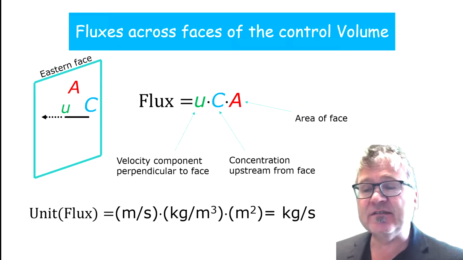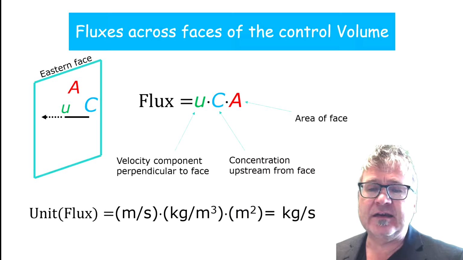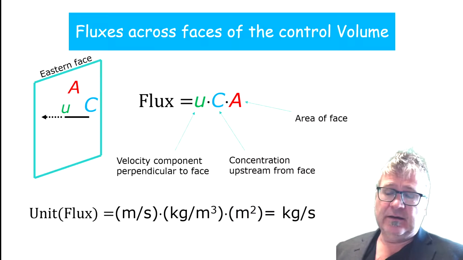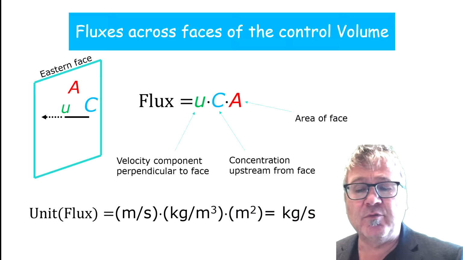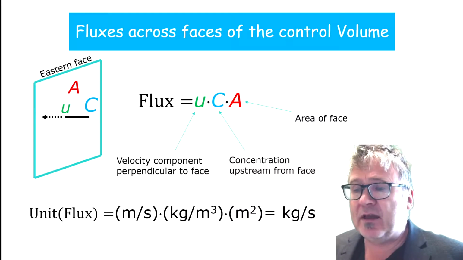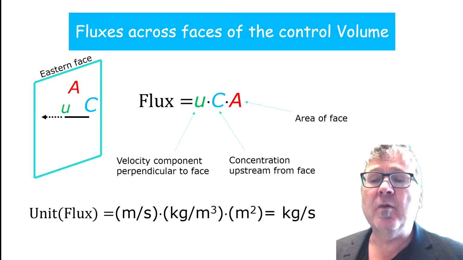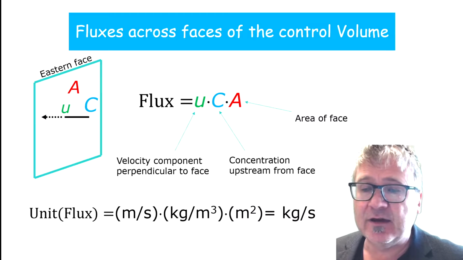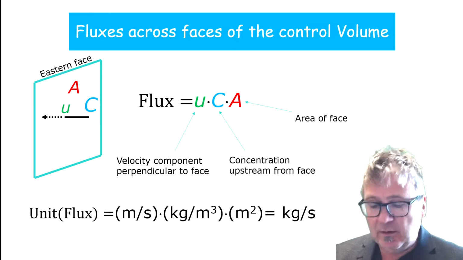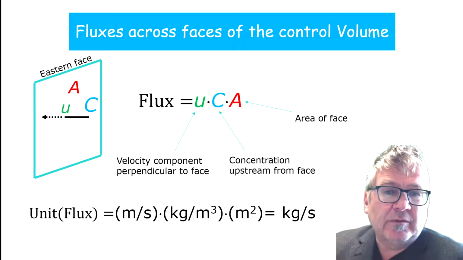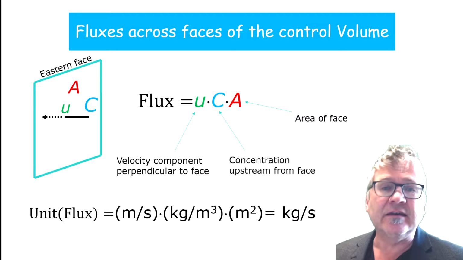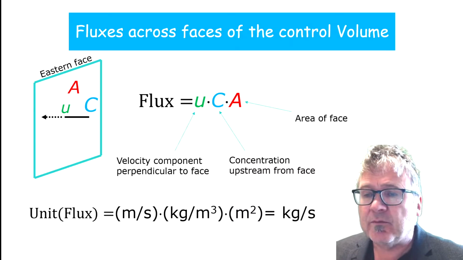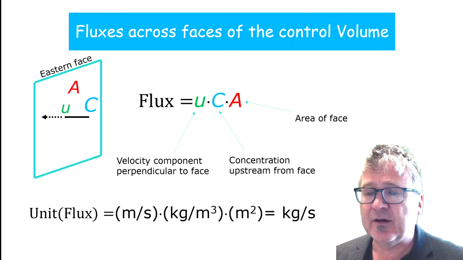You have 6 faces, and you could have fluxes that add concentration and some that remove concentration, and all that matters in the end is the sum of the 6 fluxes that you have. All right, so this is if we're talking about control volumes and looking at the contributions that come from fluxes from all sides.